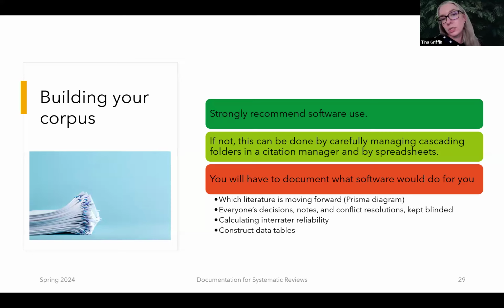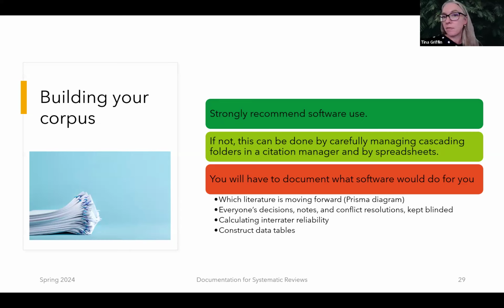If you don't, you do have to document all of the things that software would ordinarily be doing for you. So these are the things that I was just talking about earlier in the slides. I'm not going to go through it exhaustively again, but you are going to have to do things like track which literature is moving forward and which is not, and all of those numbers. You're going to have to construct your own PRISMA diagram. You're going to have to keep track of everyone's notes, decisions, conflict resolutions.